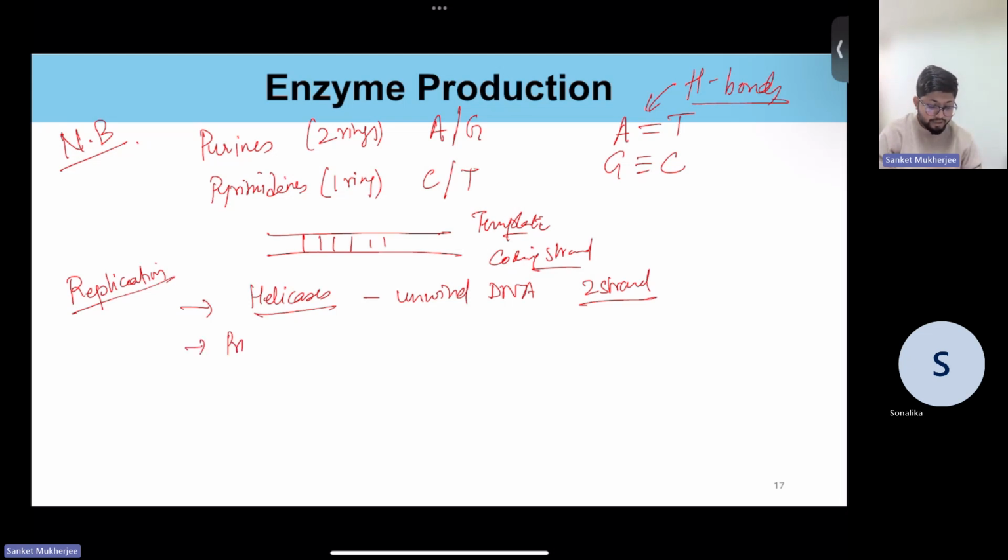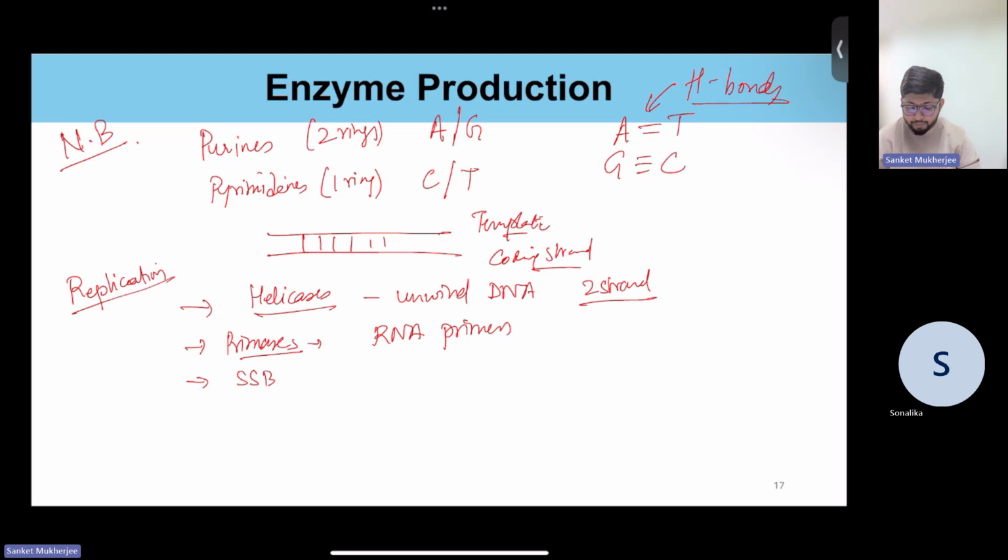There are primases. Primases form primers. They form RNA primers in your cell. But in our application, when we do this in a cell-free method, in a PCR tube, we usually use DNA primers. But in your cell, RNA primers are produced. Primases are the enzymes responsible for it.